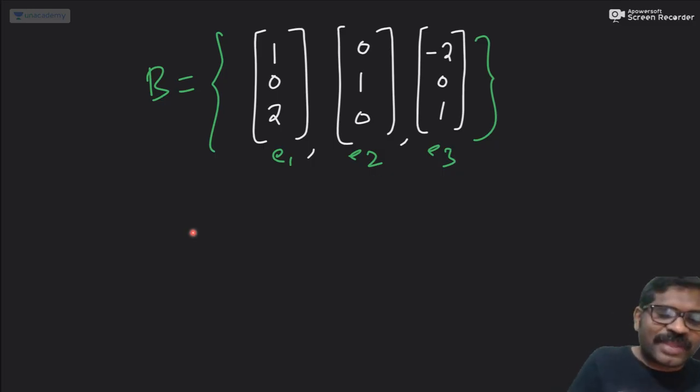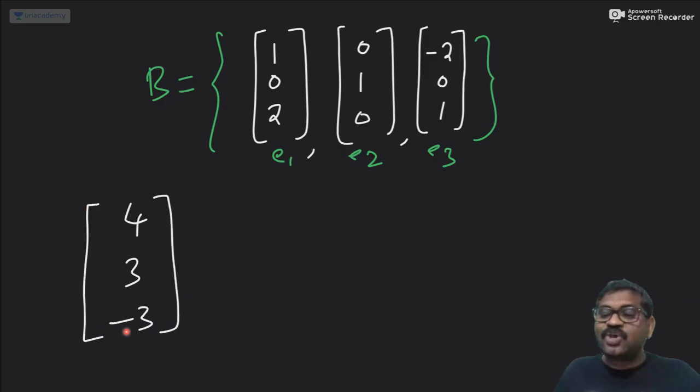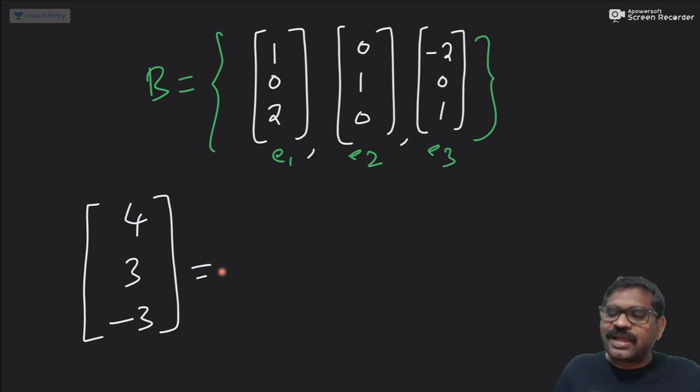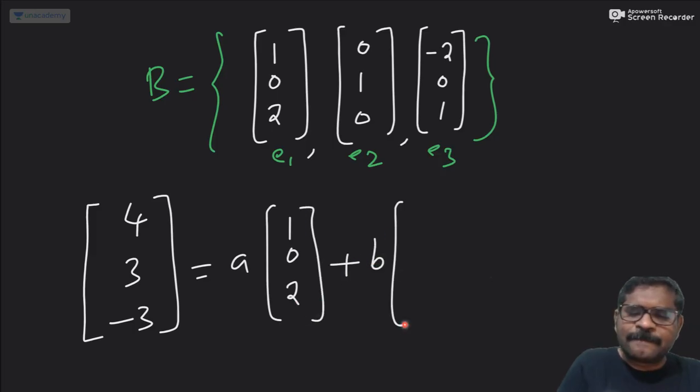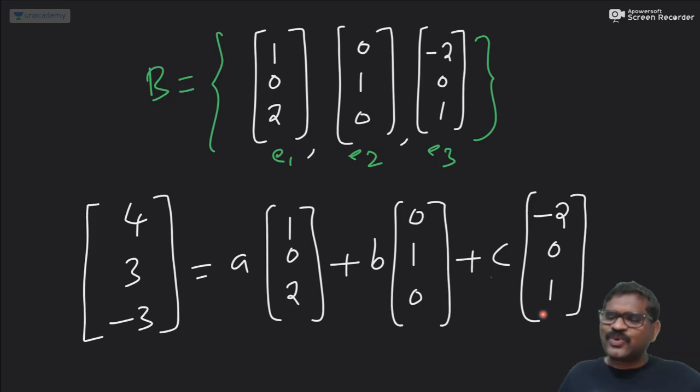If 4, 3, minus 3 is a vector from your vector space, you have to express this vector in the form of A E1 plus B E2 plus C E3. So A into 1, 0, 2 plus B into 0, 1, 0 plus C into minus 2, 0, 1. Okay.